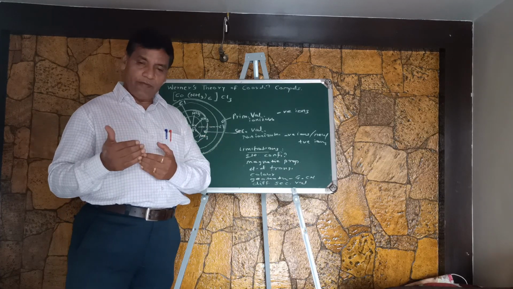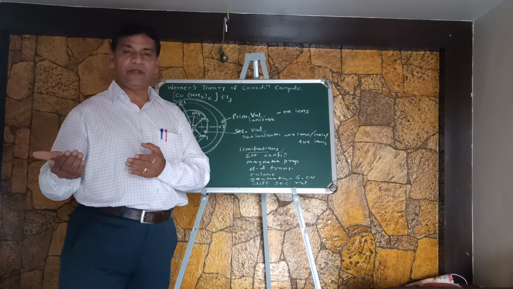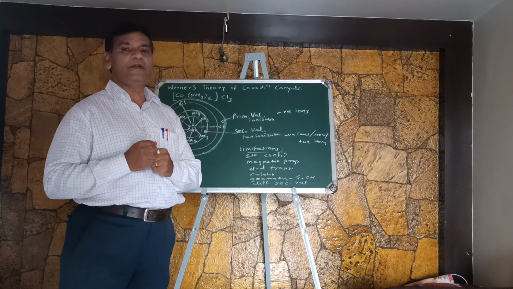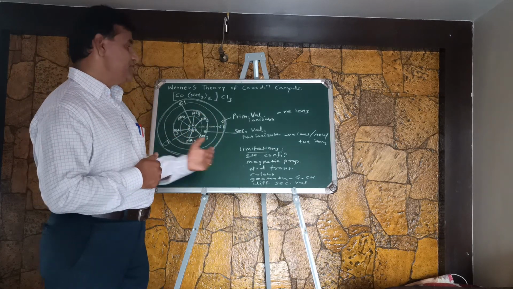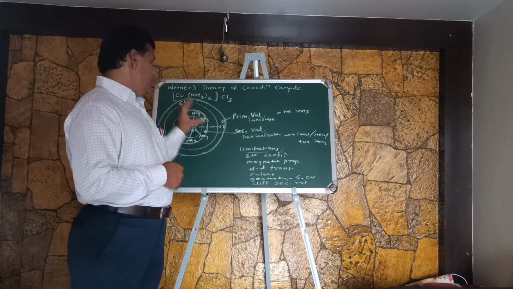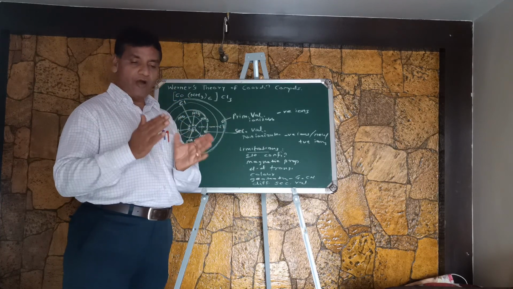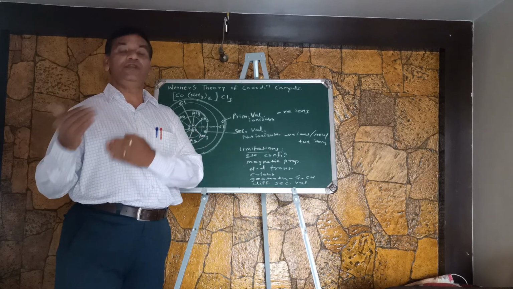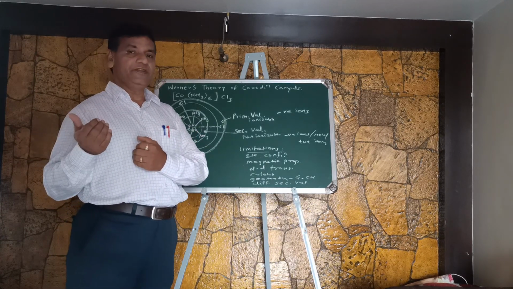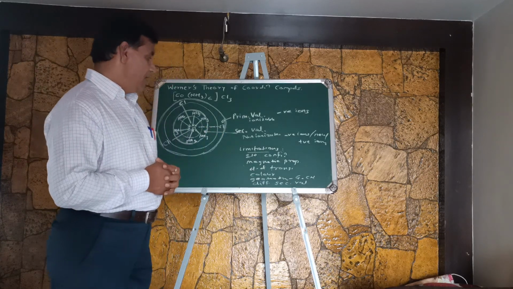Why are these complex compounds paramagnetic or diamagnetic? These magnetic properties are not explained with the help of Werner's theory. The second limitation: this theory cannot explain d-d transitions. How electrons are promoted or transferred from d to d orbitals is not explained with the help of this theory.